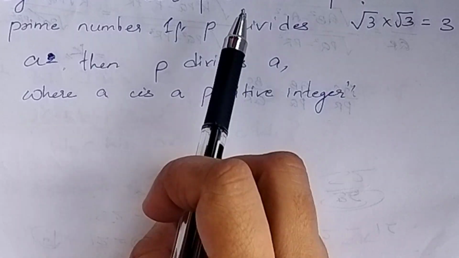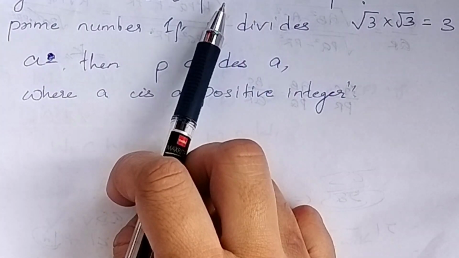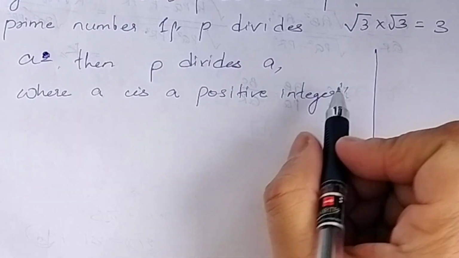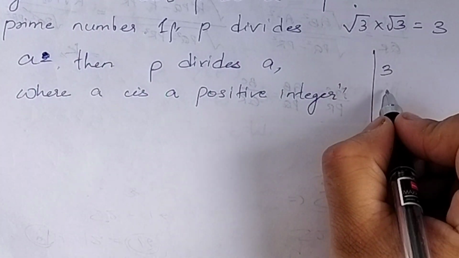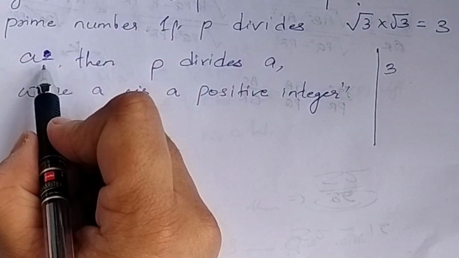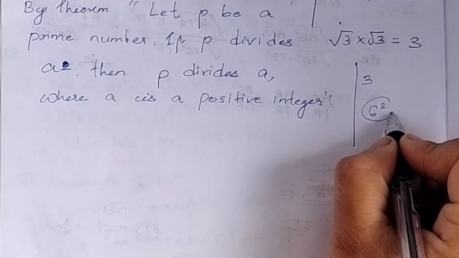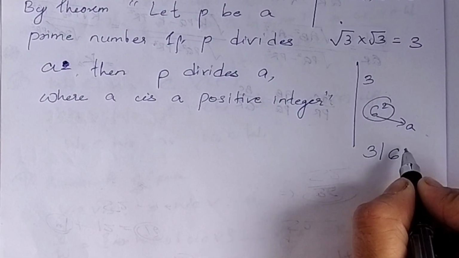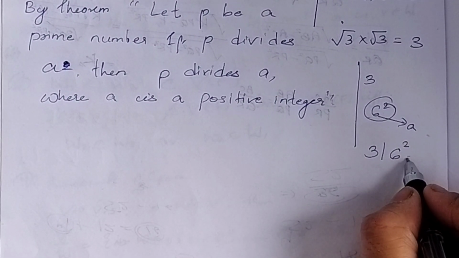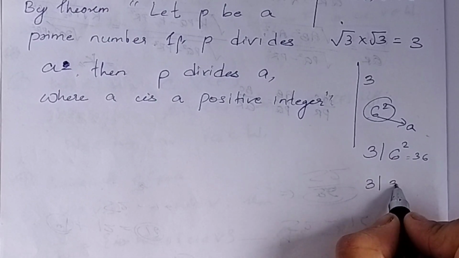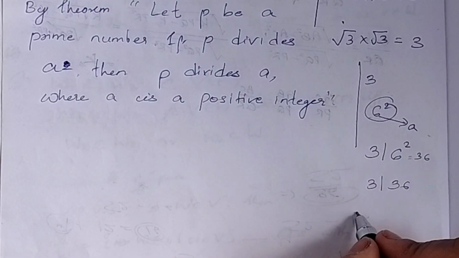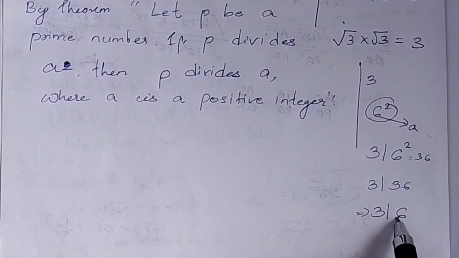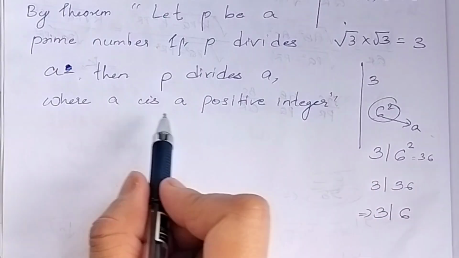What this theorem says, we will understand with the help of an example. Suppose 3 is our prime number p, and 6 is your a. If 3 divides a square, which is 36, then this theorem says that 3 will also divide 6. If it divides its square, it will also divide 6. That is what this theorem says.